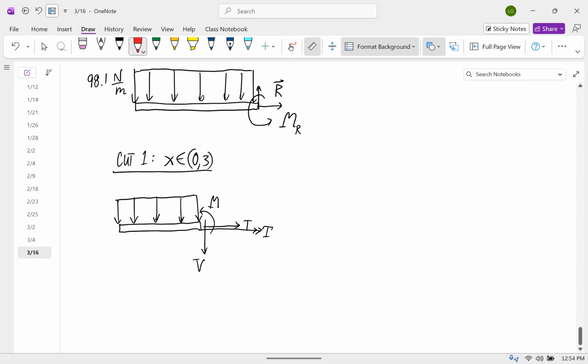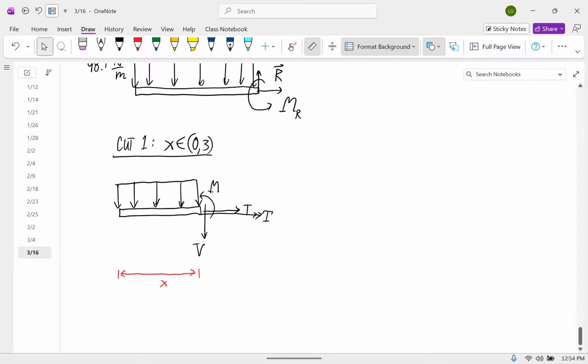So before I can start doing the calculations, I need to represent that distributed load as a point force. So this distance is x. So let's represent that distributed load as a point force. That rectangle has a length of x and a height of 98.1.